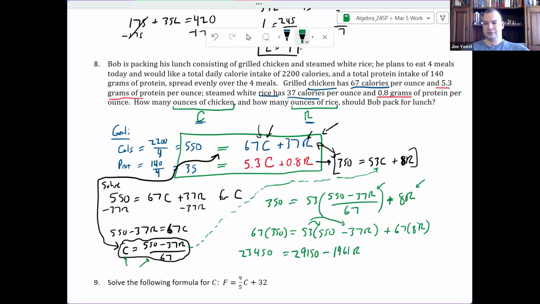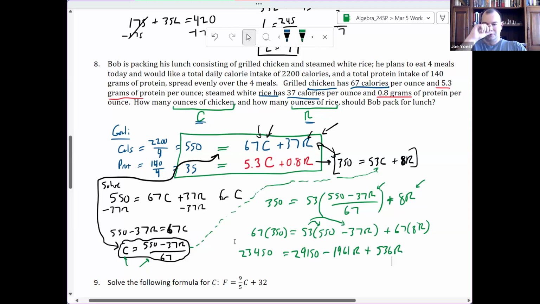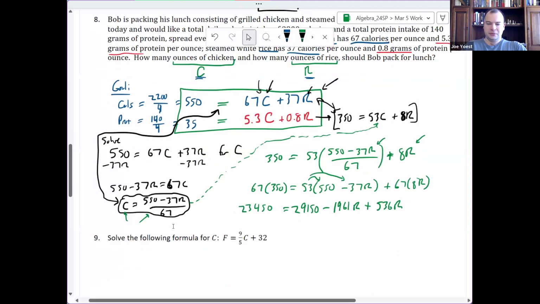And 67 times 8 is 536. The steps that I'm doing aren't any different than the previous steps that we've done. The numbers are just a little more cumbersome to deal with.